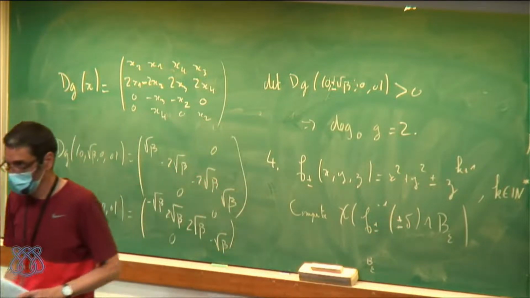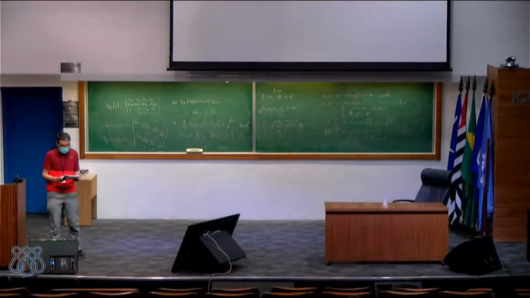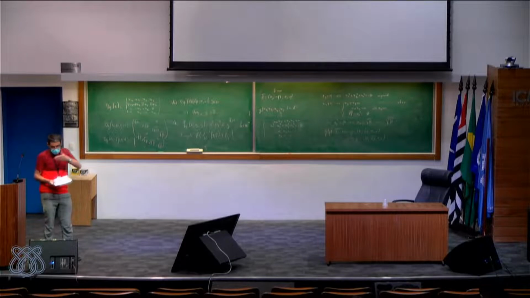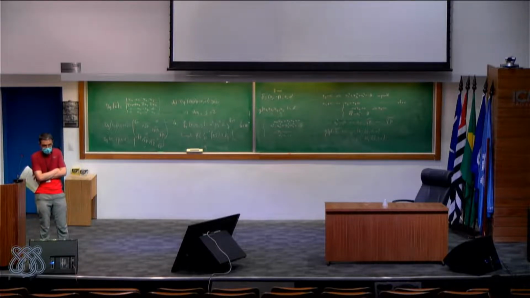So how does it work? Of course, the idea is to use the degree, because it's not too difficult to compute. But here we want to apply what we did in the lecture before, what we saw. So how do we compute these Euler characteristics?